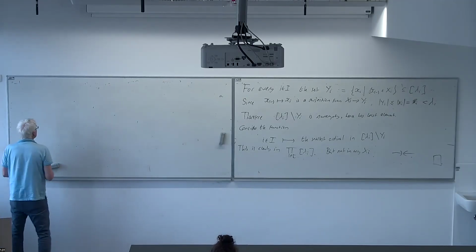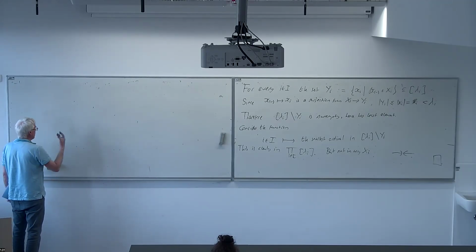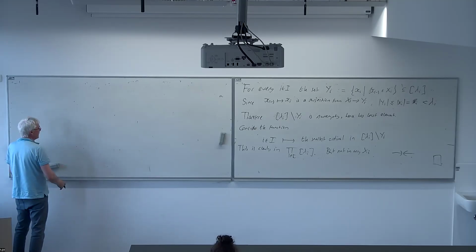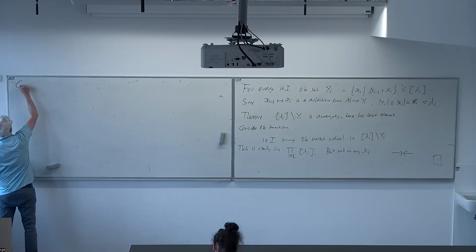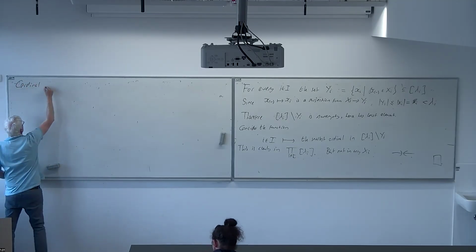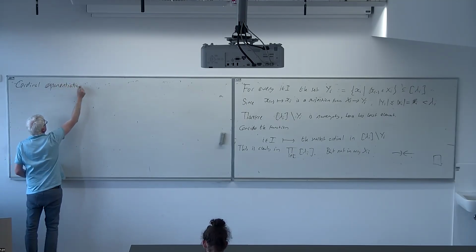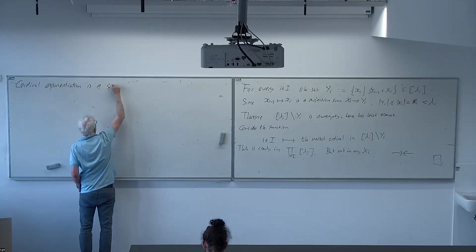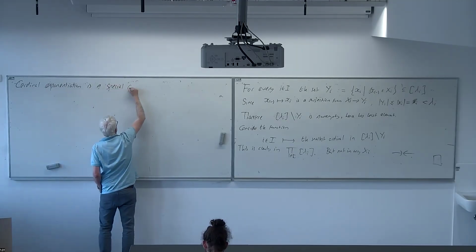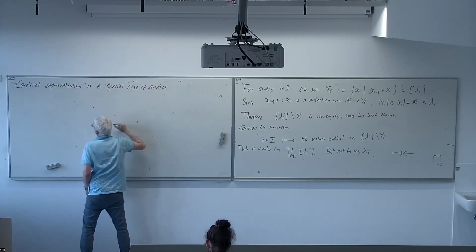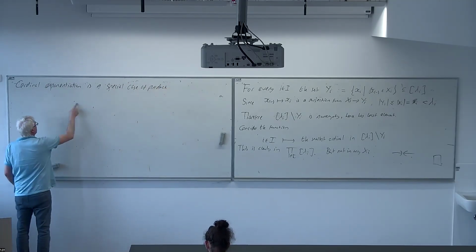But now I want to observe that cardinal exponentiation is actually a special case of product. So if we want to understand things, it will be enough to understand product. And actually, we've already used this, and I should have really done this before König's theorem.